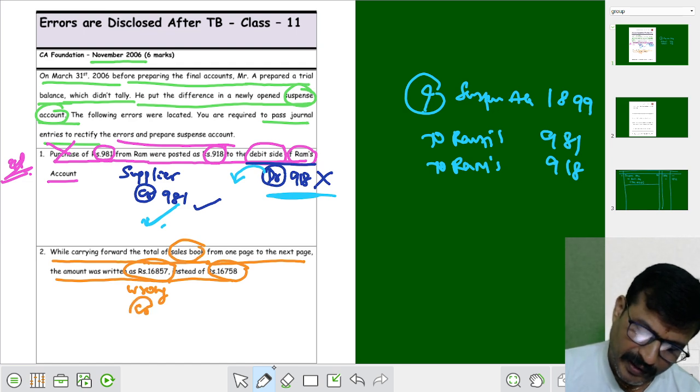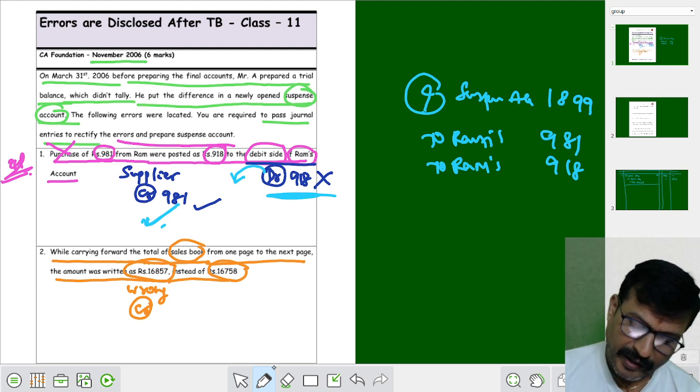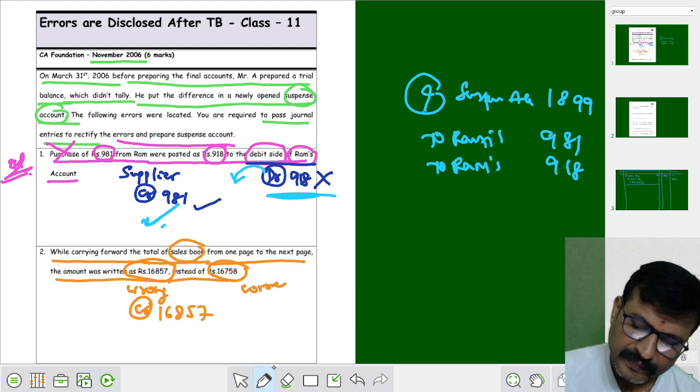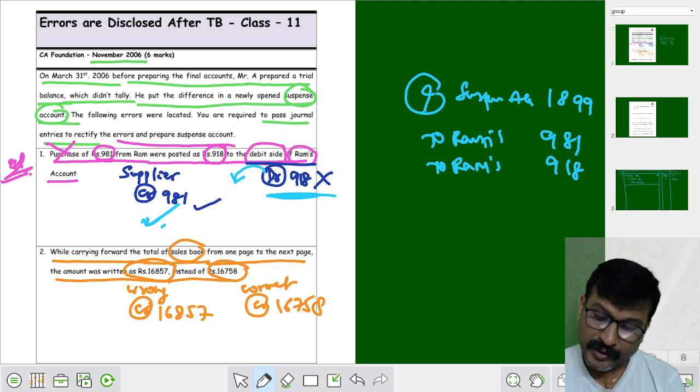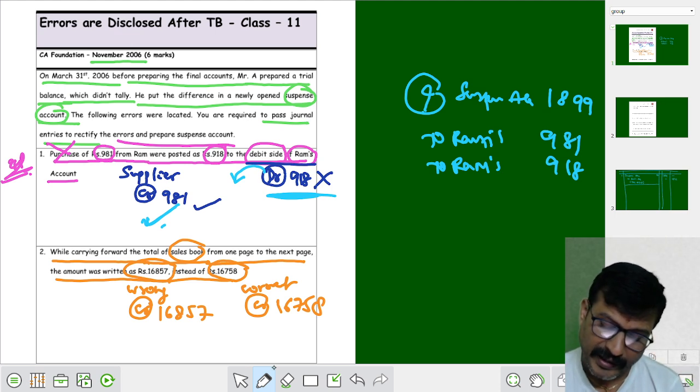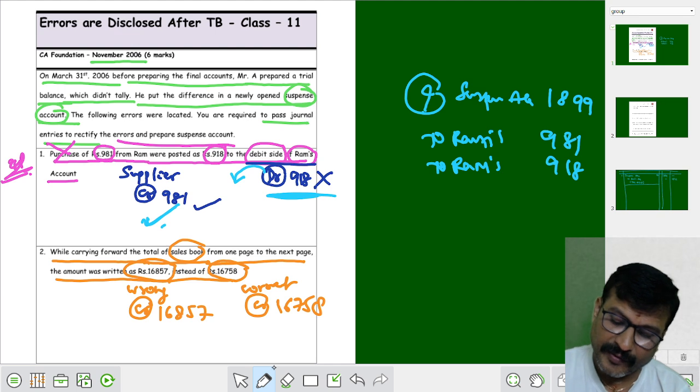Sales book means income, credit. This is a wrong credit. How much is the wrong credit? 16,857, instead of the correct credit of 16,758. See, you have written 16,857 instead of writing 16,758.